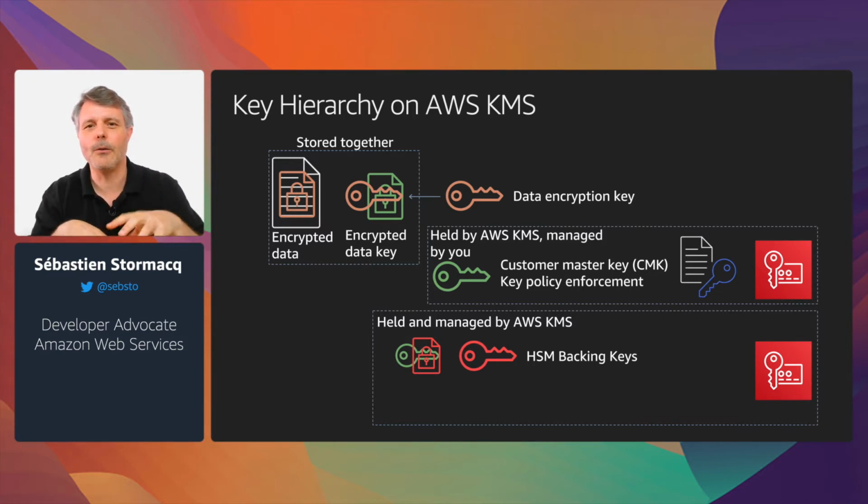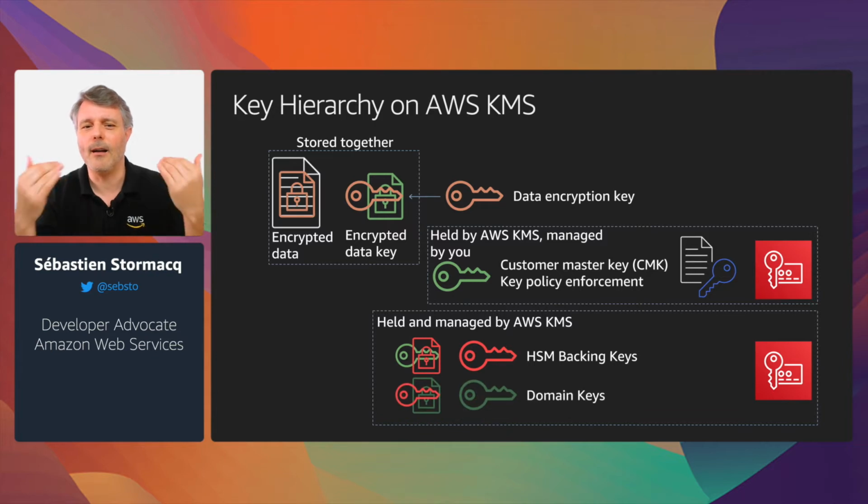So all keys, the KMS keys, are stored in these types of hardware security modules, and we are using these HSM backing keys to encrypt your customer master keys. And we have several levels of keys inside KMS. The HSM backing keys, but also a domain level key to encrypt the HSM backing key itself. So we have multi-tier inside KMS as well.